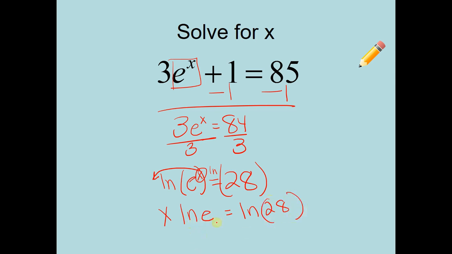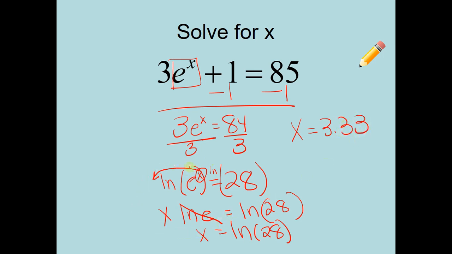Natural log of e is technically just 1. That cancels off. So I'm left with x equals the natural log of 28, which in this case has a value of 3.33. So x equals 3.33.